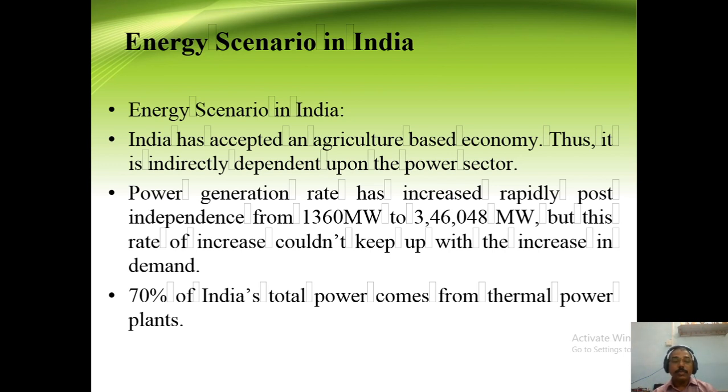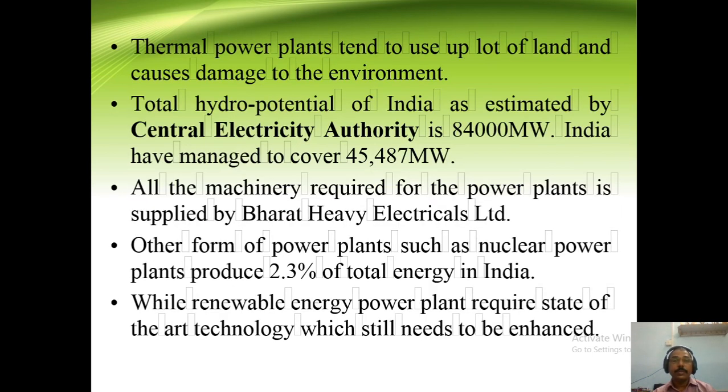Also, one thing more: around 70% of India's total power comes from thermal power plants. That means most of the thermal power plants are using coal, bagasse and other raw materials.